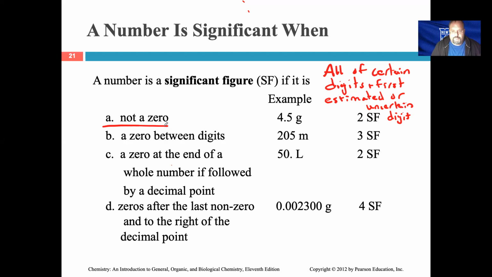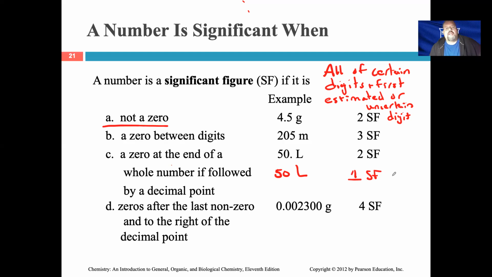So for example, if you have 50. liters, not only is the 5 significant, but the 0 is significant as well, and therefore you would have two significant figures. Just jumping ahead a little bit, if you had 50 liters without the decimal point, you would only have one significant figure, because the 5 would still be significant, but now the 0 would not be significant because it's not followed by a decimal point.